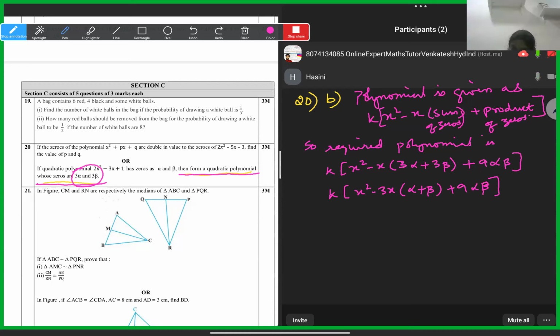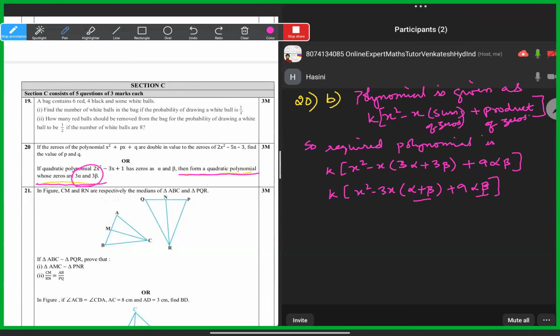Any doubt? Now let us keep it like this only. If we know alpha plus beta and alpha beta, we'll get the answer for this. Now we will use the first polynomial which they gave us.